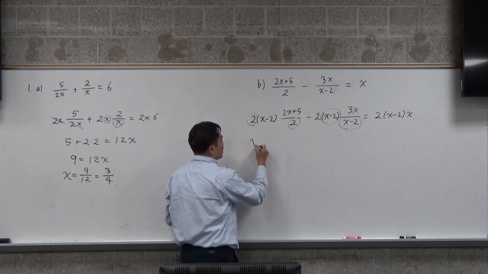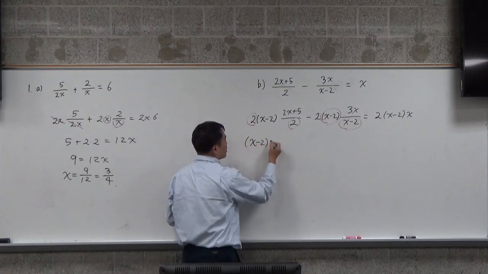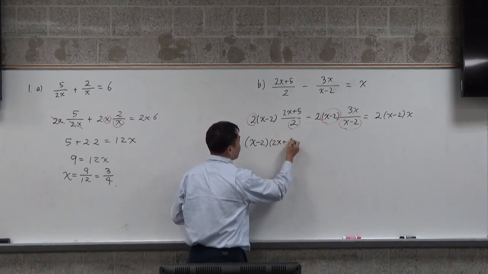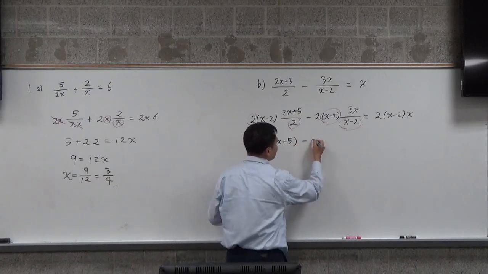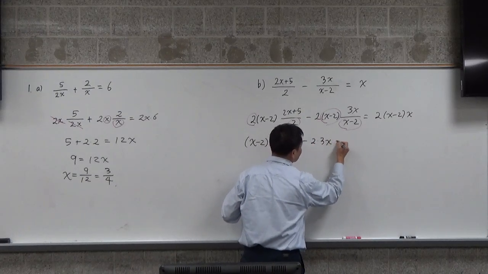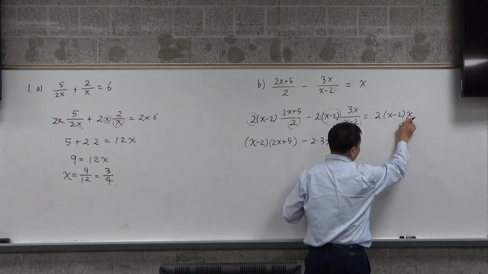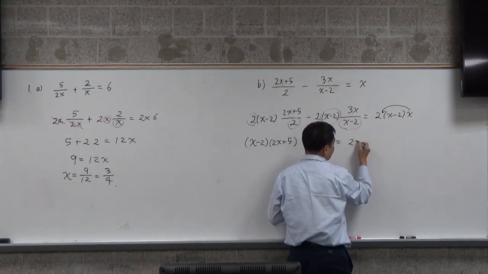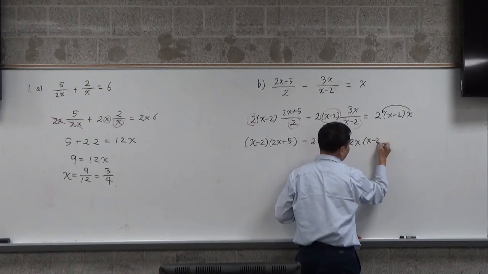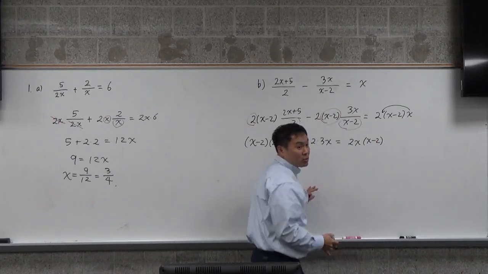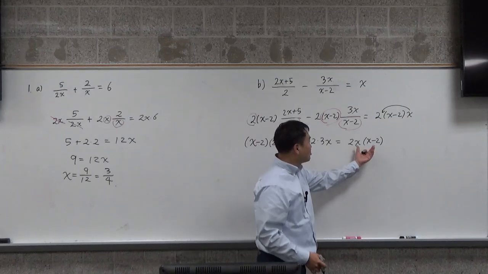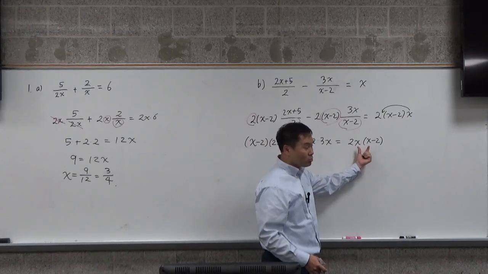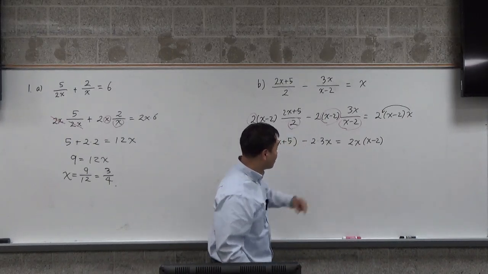We just have x minus 2 times 2x plus 5 minus 2 times 3x equals, it's easier if you have x brought in front, so let me just rewrite it in this way. Multiplication can be done in any order, right? So we're going to switch the places between x minus 2 and x. So that's what we'll write.